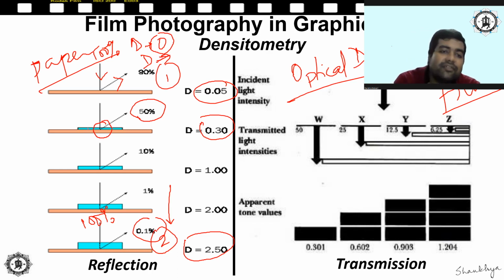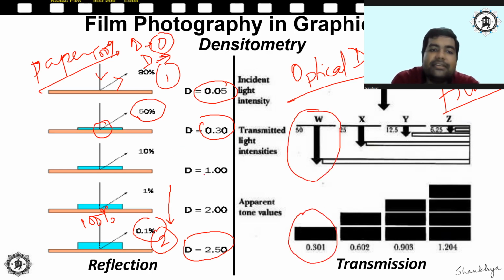So this is in the case of paper. Now in the case of film, what is happening? Just replace the concept of reflection with the concept of transmission. Greater the amount of transmitted light, lower is the density, right? Greater the amount of reflection, lower is the density, because there is no image area, no ink, no silver deposition, nothing that is going to absorb the incident light.